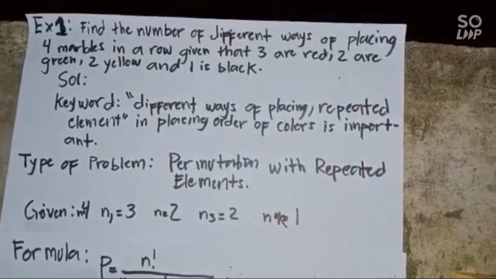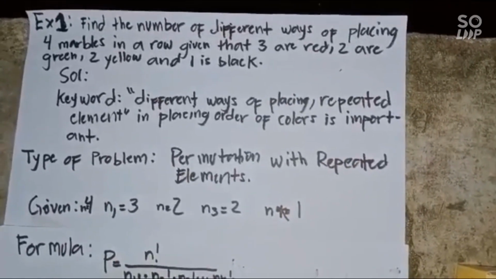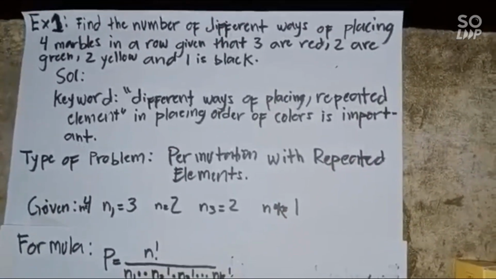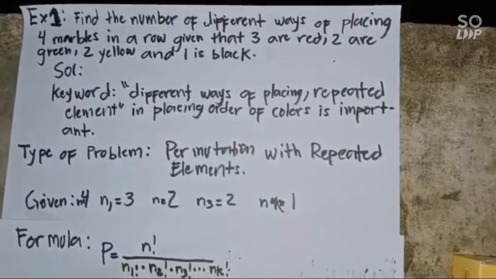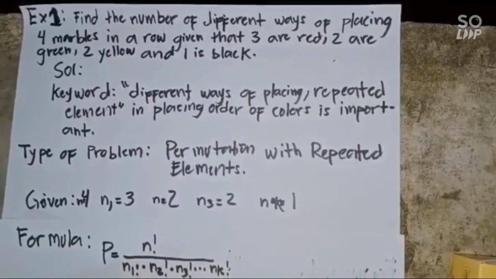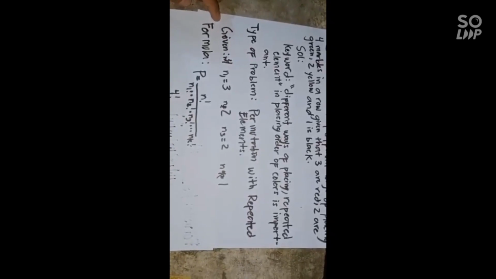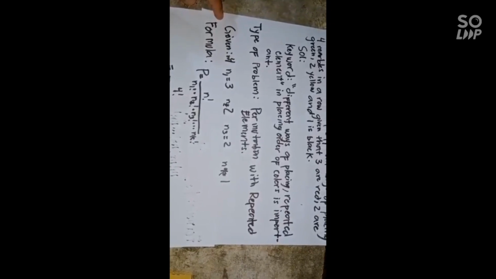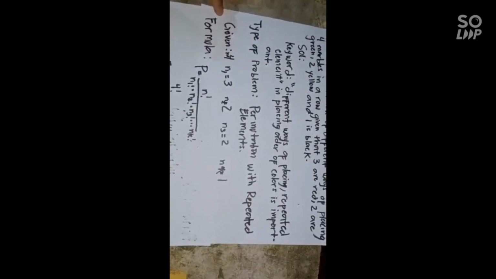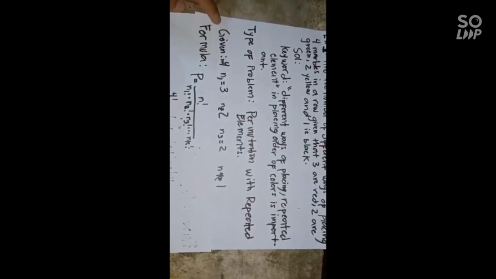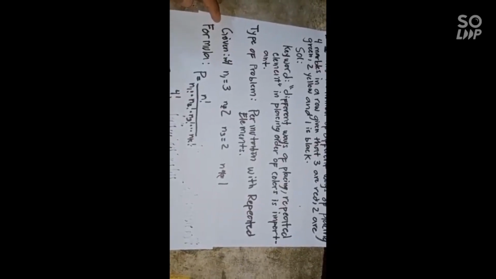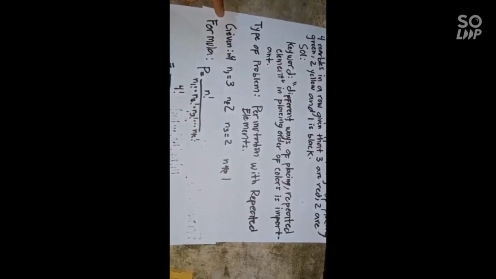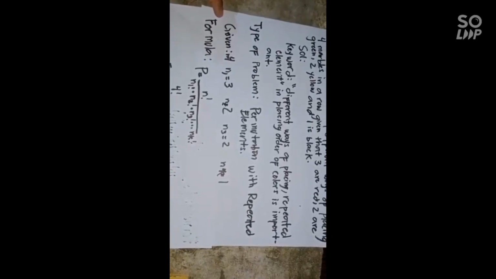Example number 1, distinguishable permutation. Find the number of different ways of placing 4 marbles in a row, given that 3 are red, 2 are green, 2 yellow, and 1 is black. Given n equals 4, n1 equals 3, n2 equals 2, n3 equals 2, nk equals 1.